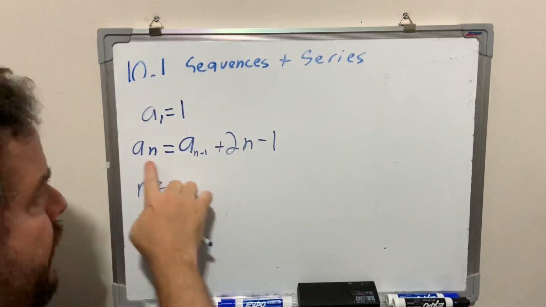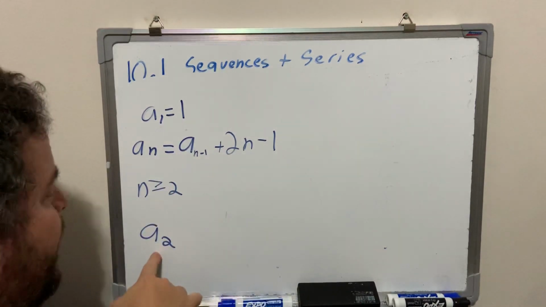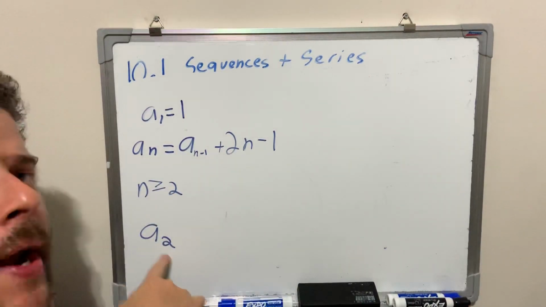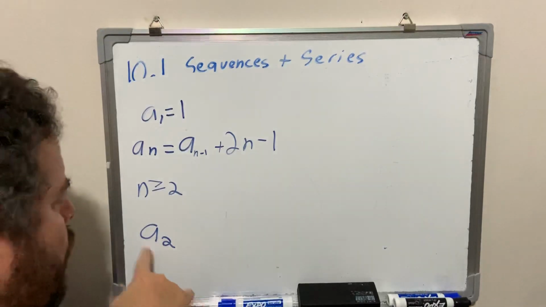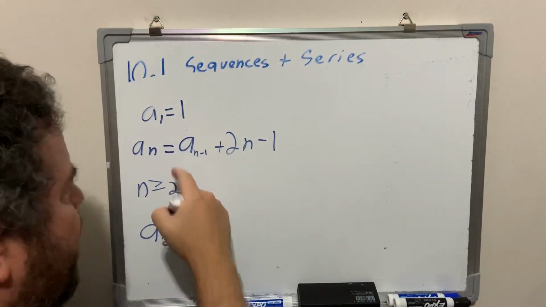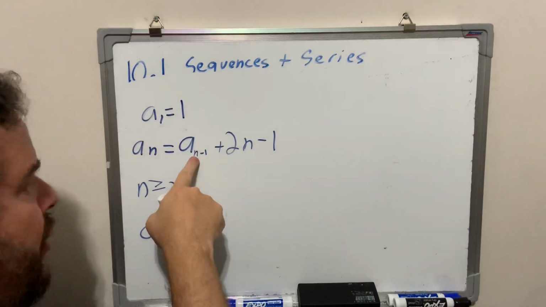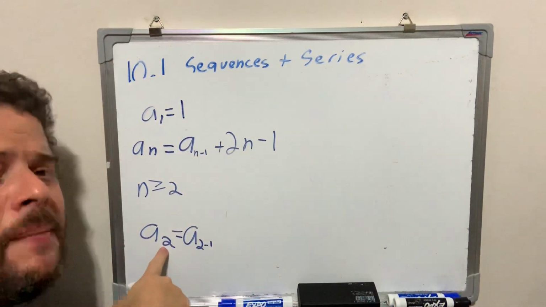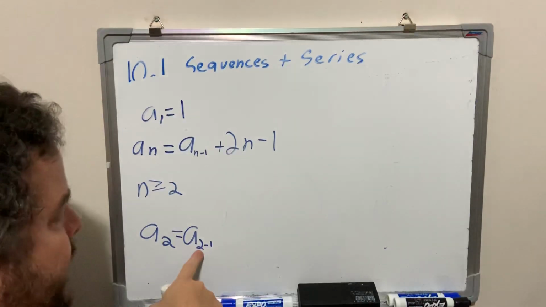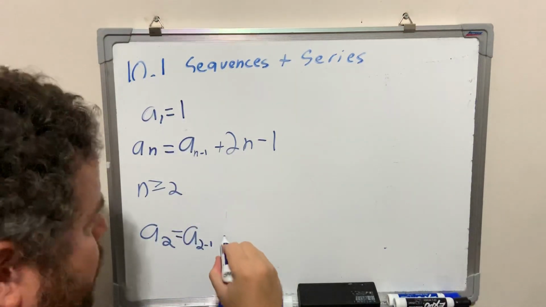So here, this is the basic formula, and I'm going to try to find A2. I want to know the answer to A2. So A2 will be equal to A_(2-1), because again, this n is exactly the same as this n. So I'm trying to find the second term, and I plug it into this formula.